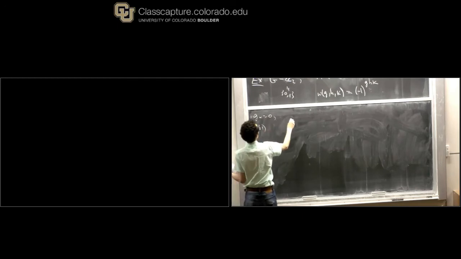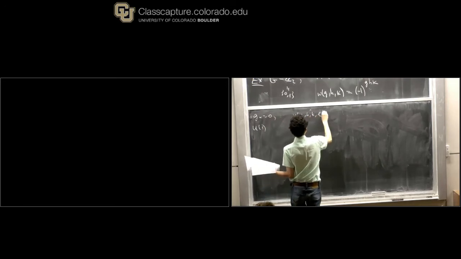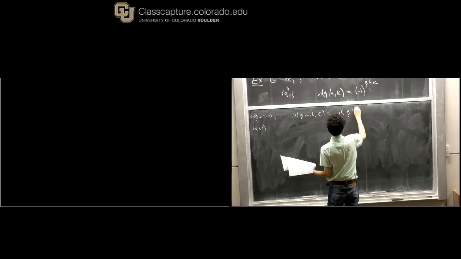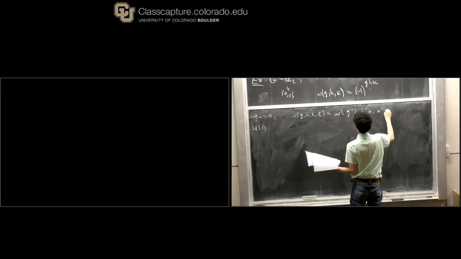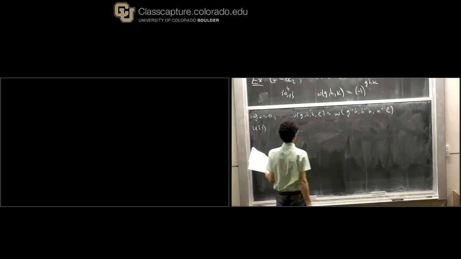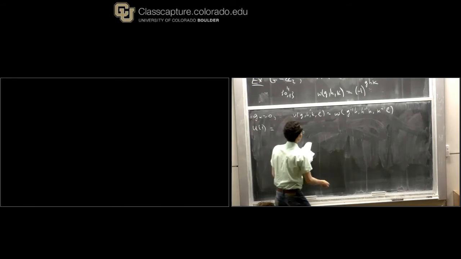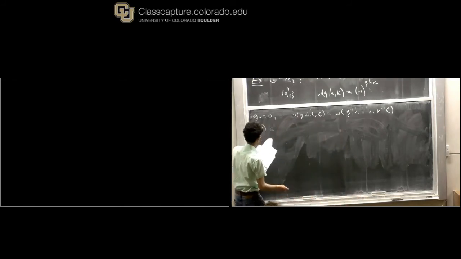So remember, nu of G, H, K, L is related to omega in this way: Gi inverse H, H inverse K, K inverse L. Well, except now I should use the addition, so no longer using the multiplicative notation.